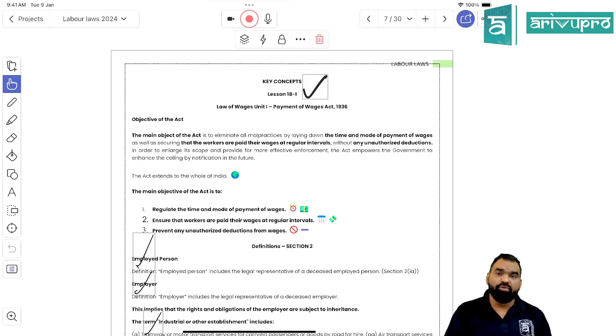When it comes to any kind of transportation business, the wage has to be paid within 7 days from the date of unloading or loading of the material. When it comes to termination of employment due to liquidation or otherwise, the wage needs to be paid within a period of 2 working days from the date of termination.